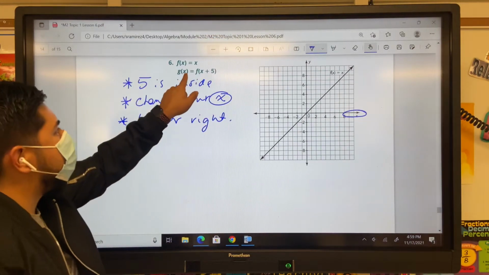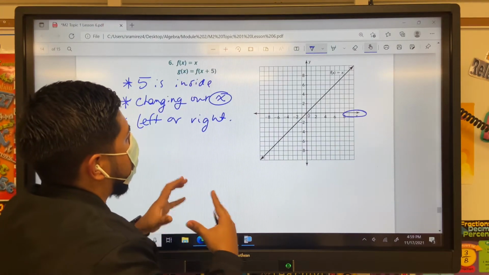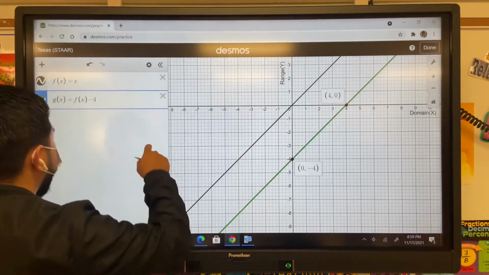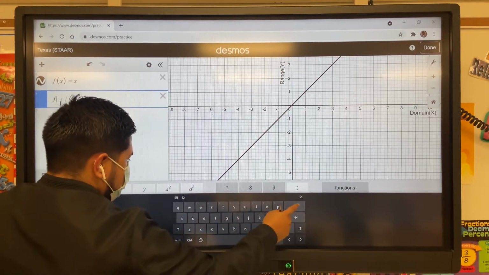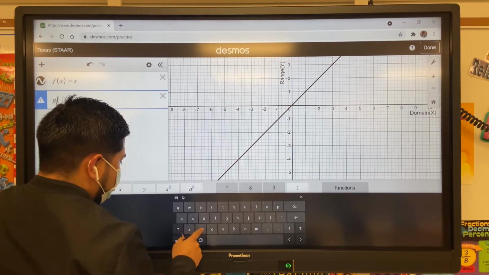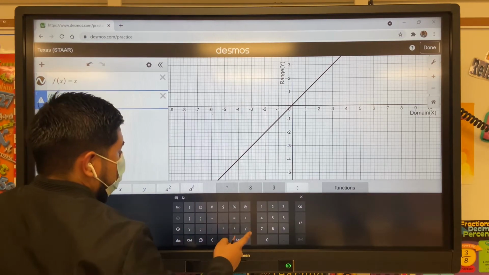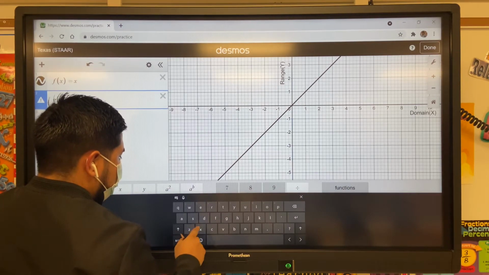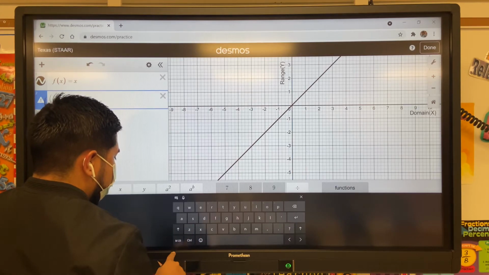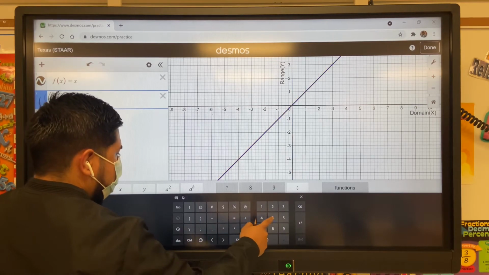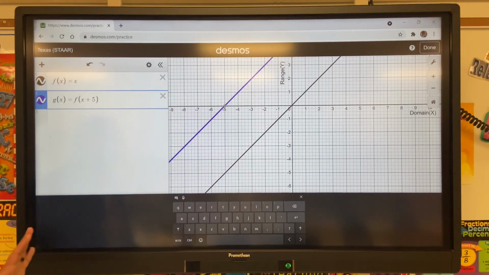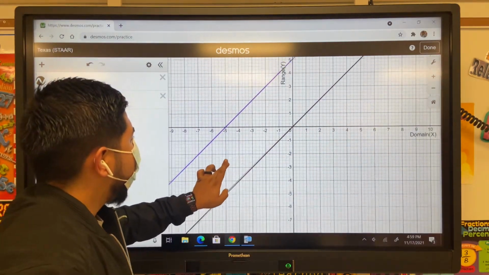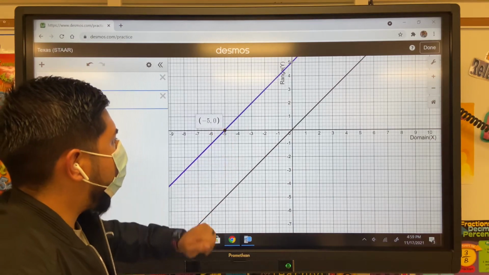So let's graph it. g of x equals f parentheses x plus 5. Let's do it. Boom, boom, boom. Where did it go? It's 5.